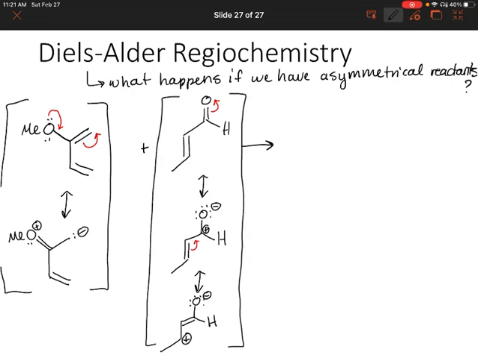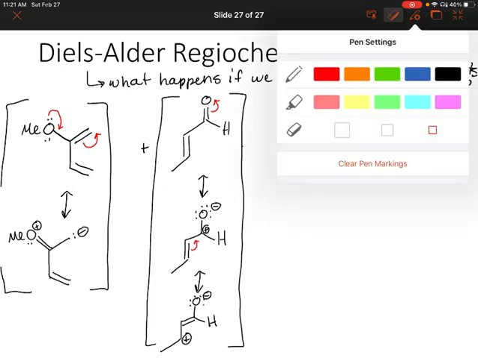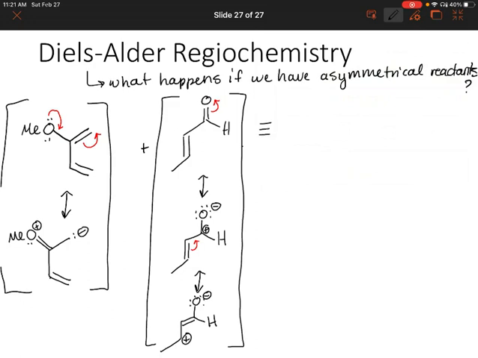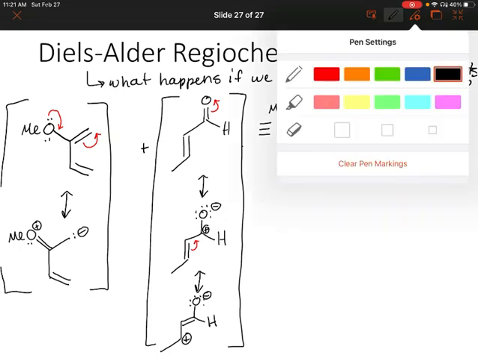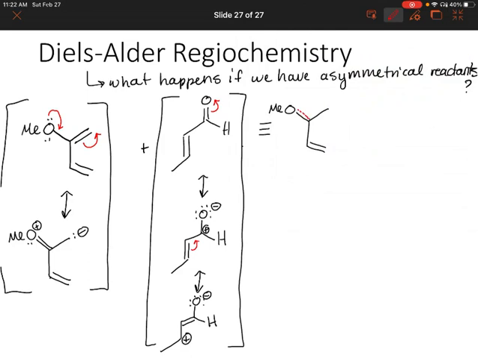Okay, so what we actually have here, if we draw the hybrid structures, we have delocalized electrons across the top two bonds on our diene. So there's a partial positive charge on oxygen, a partial negative charge on carbon.